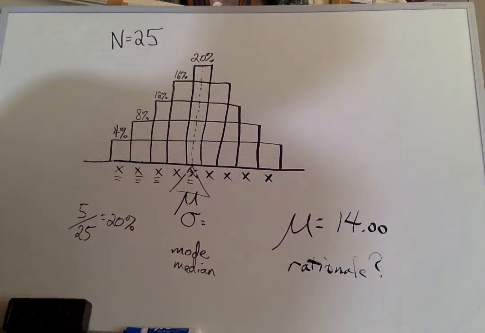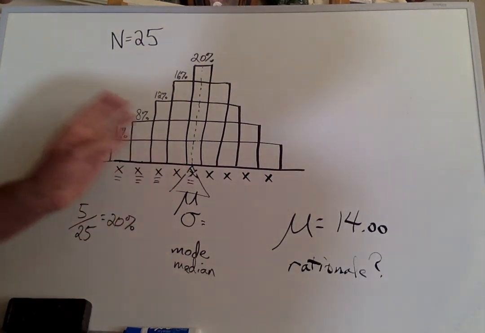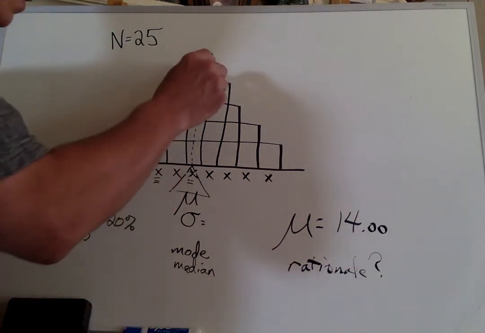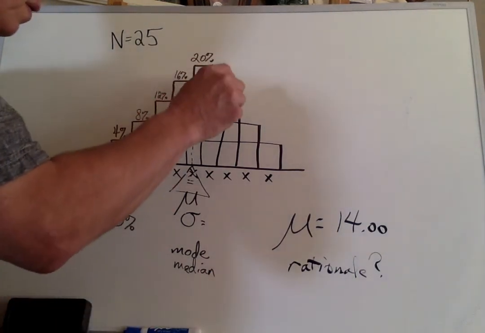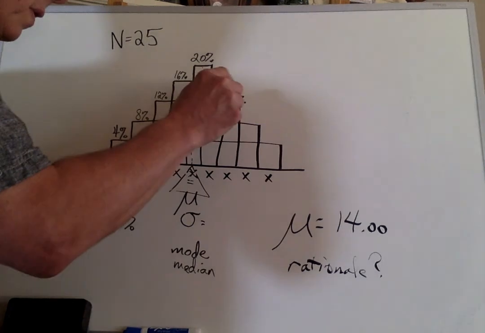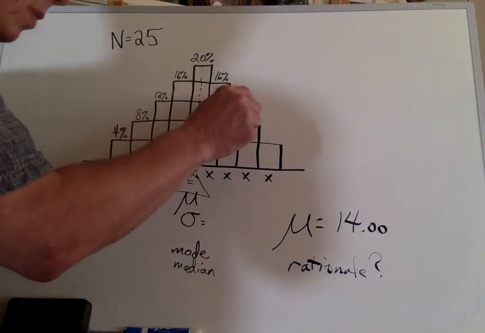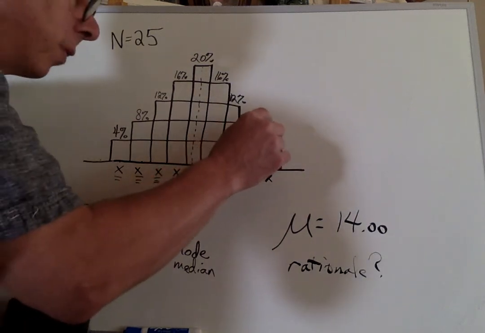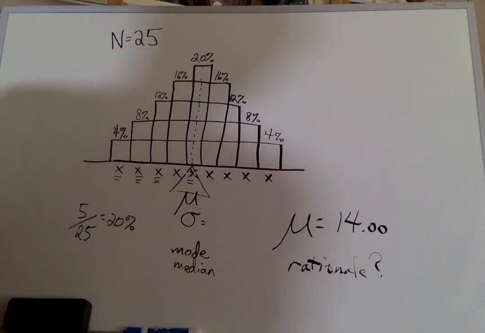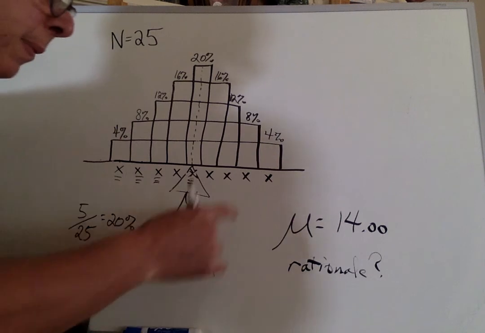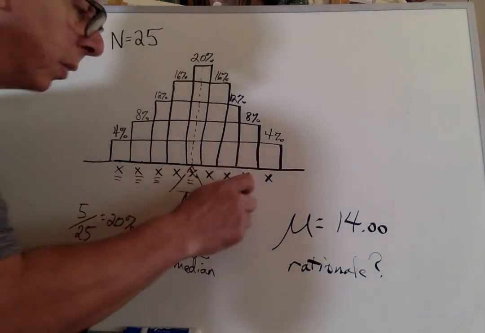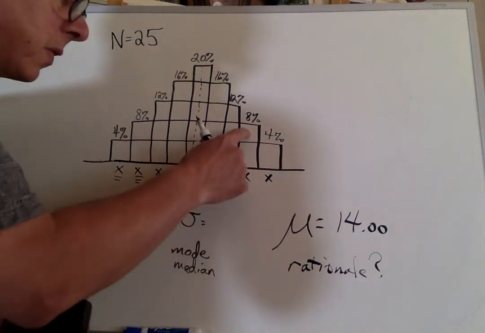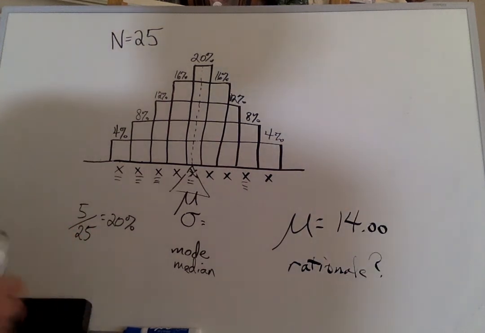Likewise, this is a symmetrical distribution. 16%, 12%, 8%, and 4%. The probability of getting a block with this number on it, since there are 2, it's 2 out of 25, and that gives me 8%.